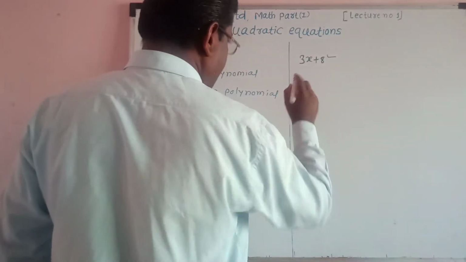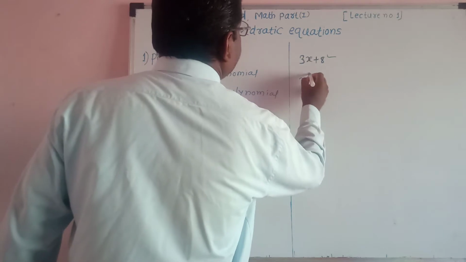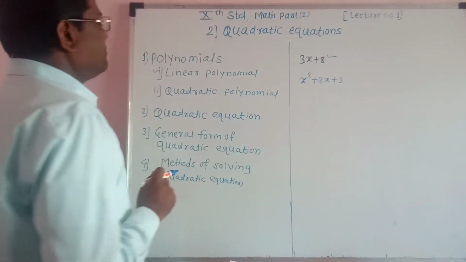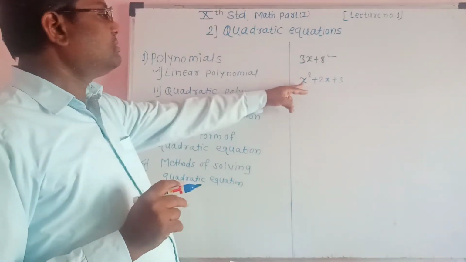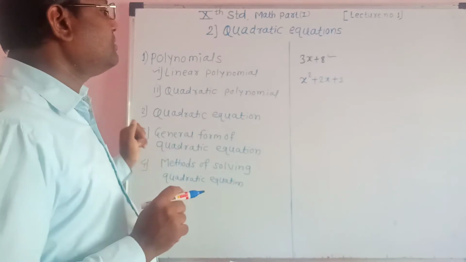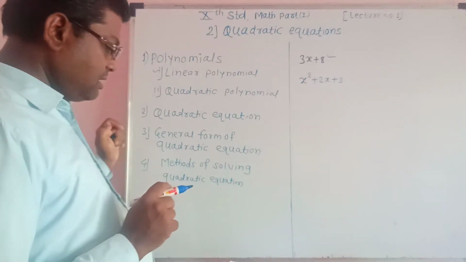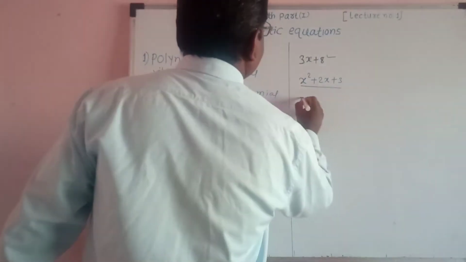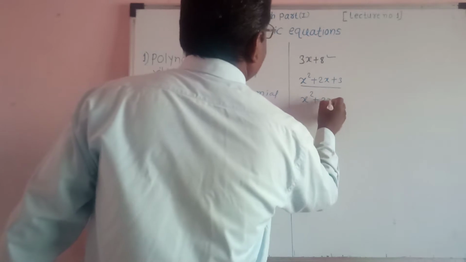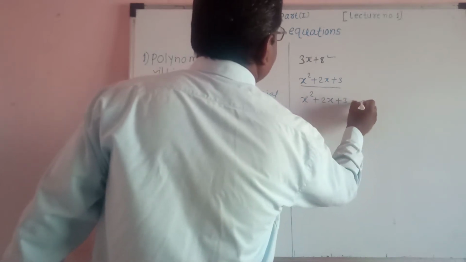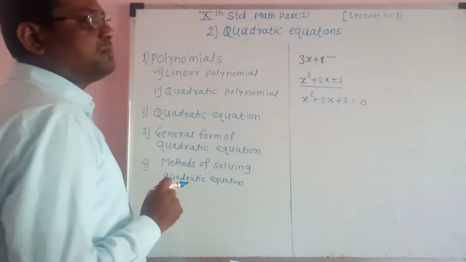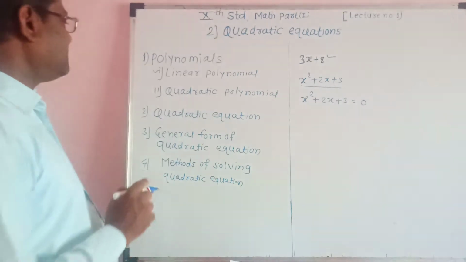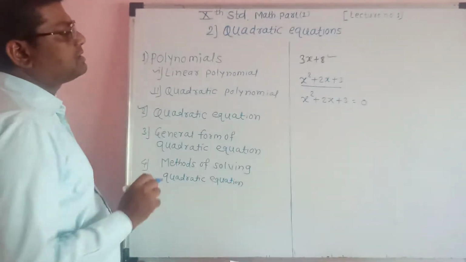Quadratic polynomial, suppose the polynomial is x square plus 2x plus 3. This is a polynomial whose degree is 2. So a polynomial having degree 2 is called a quadratic polynomial. If we equate this quadratic polynomial equal to 0, x square plus 2x plus 3 is equal to 0, then it is called a quadratic equation.